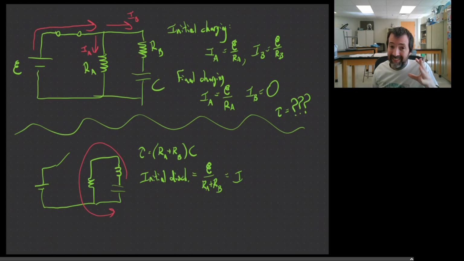Finding the time constant in a situation like this top circuit is extremely complicated, and the functions to describe Q of t become more complicated. So if you get a circuit like this from the College Board, they're only going to ask about the initial and final values, not the behavior between time 0 and time infinity.